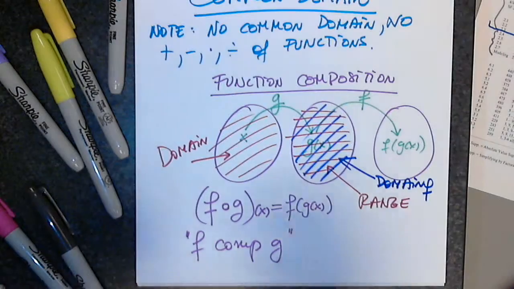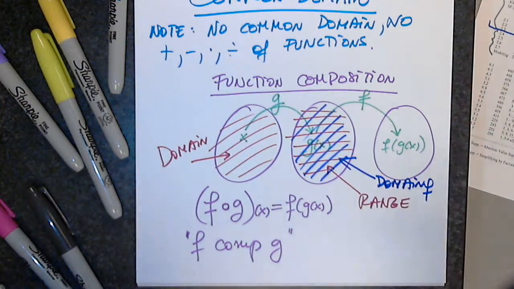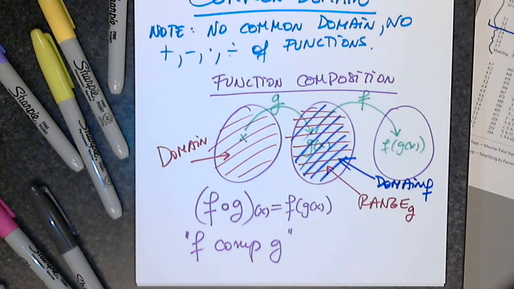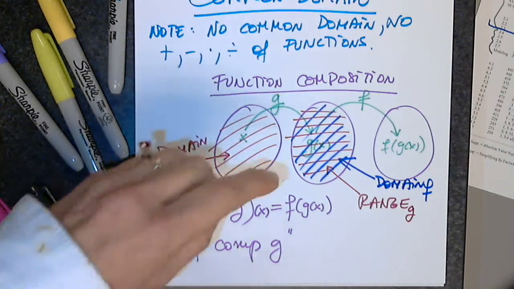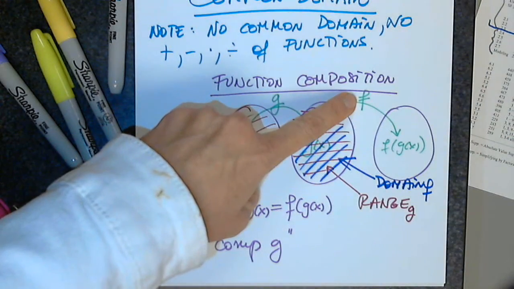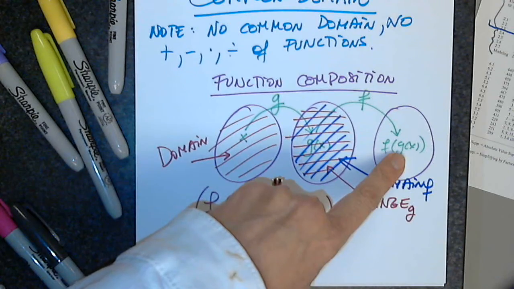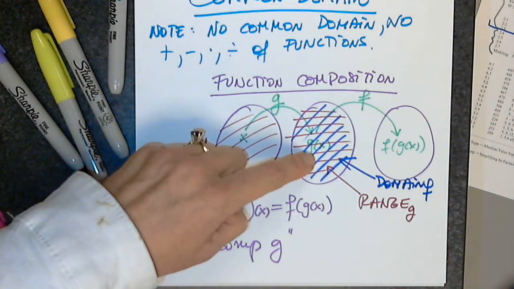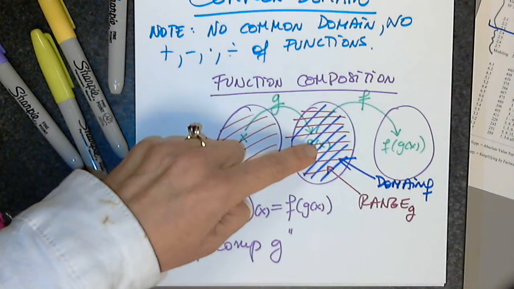I'm going to put f here, domain for f, and I'm going to put range for g here so it's clear. So then what could go wrong? Here's what can go wrong. I get here a number that I cannot apply f to, and I will never be able to get here. So imagine I apply g to 0 and I get 5, but f is undefined at 5.